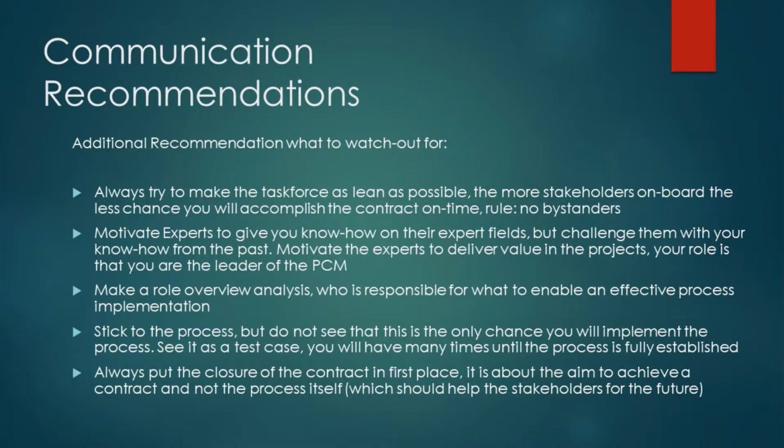For example, for the budgeting process, you will have a specific person. For technical questions about a certain feature, you will have a certain person who is responsible and gives you feedback on whether this is a must-have or a nice-to-have. All these kinds of overviews you need to do in one analysis, and this is called the role overview analysis.